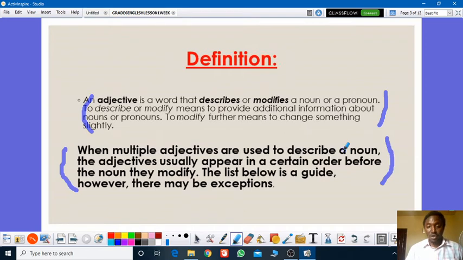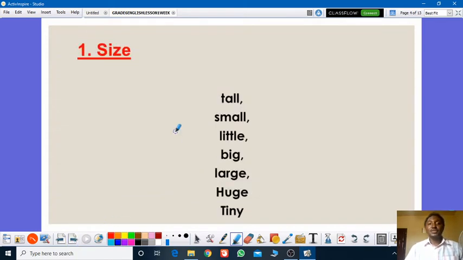I have not written all the descriptive words, because this is what you're supposed to learn at your grade. You might find other additions like opinion. You may find religion, but I am just going to teach what you should be able to learn at your level.